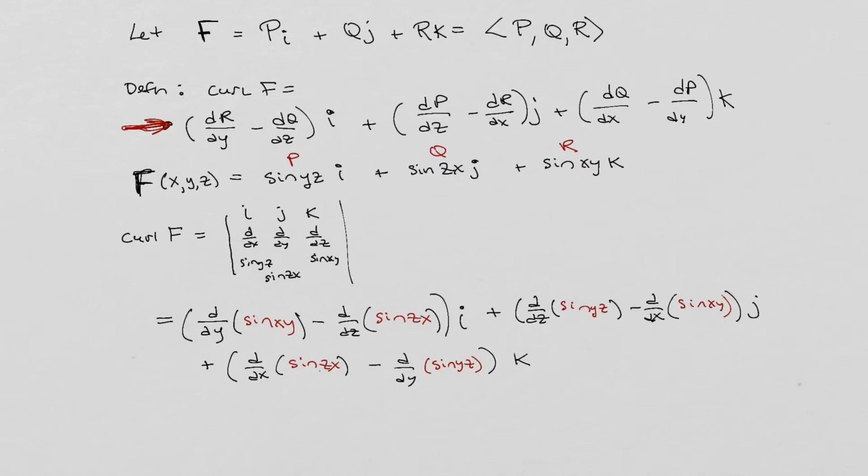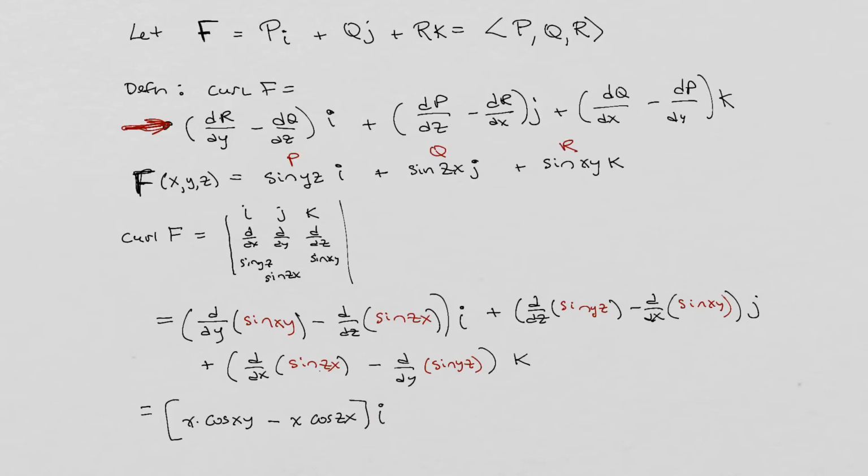So if we write all this out, for the first one, the derivative of sine of xy with respect to y gives me a cosine of xy, and then the derivative of xy with respect to y is just another x, minus the derivative of sine of zx with respect to z gives me a cosine of zx, and the derivative of zx with respect to z is an x.